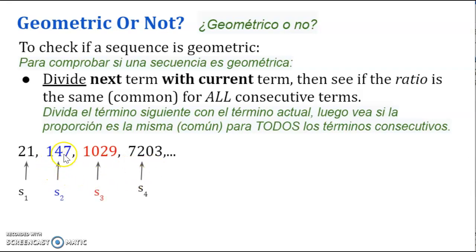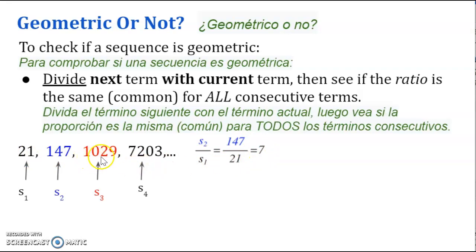So you get the second term and you can subtract. Oh no, since we're checking for geometric, we're going to divide. So 147, that's whatever we're looking at, divide by the previous one, that's 21, and that's going to be 7.